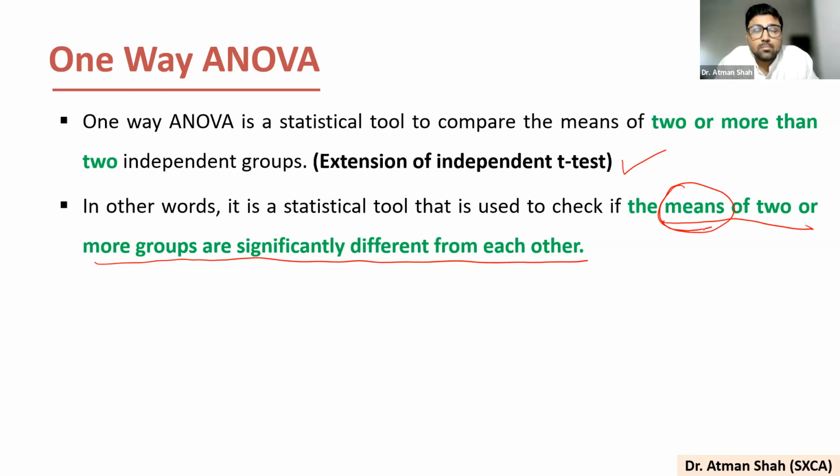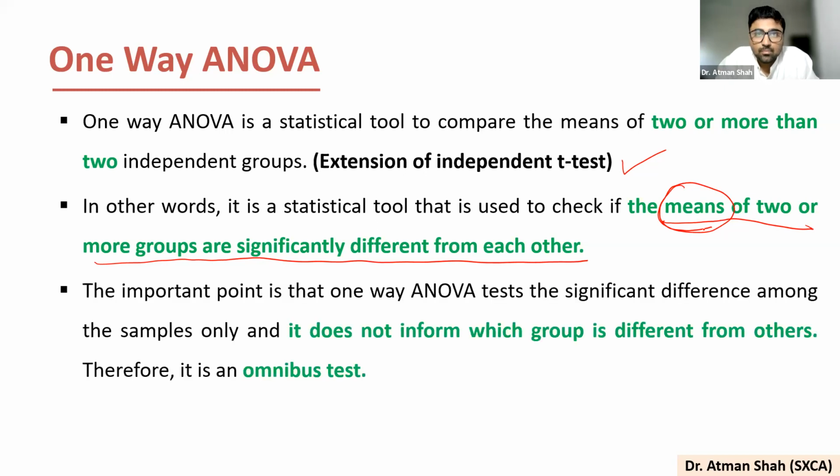Here we compare the means of more than two independent groups. Now, this is very important. If you find the ANOVA result statistically significant, from that analysis you cannot identify which group is different from the others.